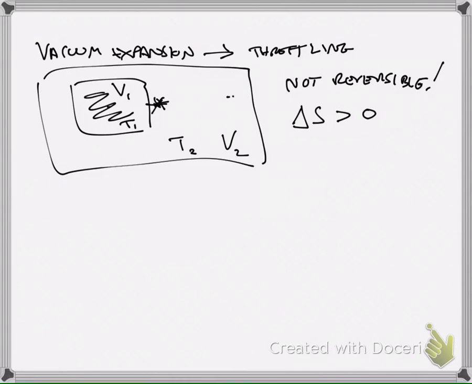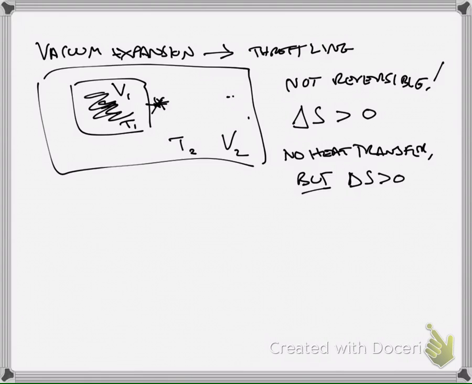If you think of S as being related to the number of ways you can arrange the molecules, clearly there's a heck of a lot more phase space available once you've expanded into the vacuum than before. So even though there is no heat transfer in this case, delta S is greater than 0 because it's irreversible.